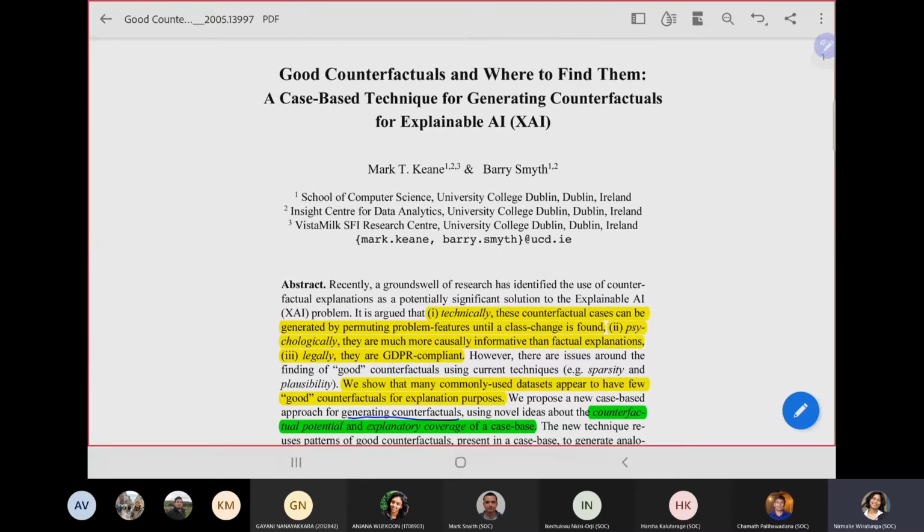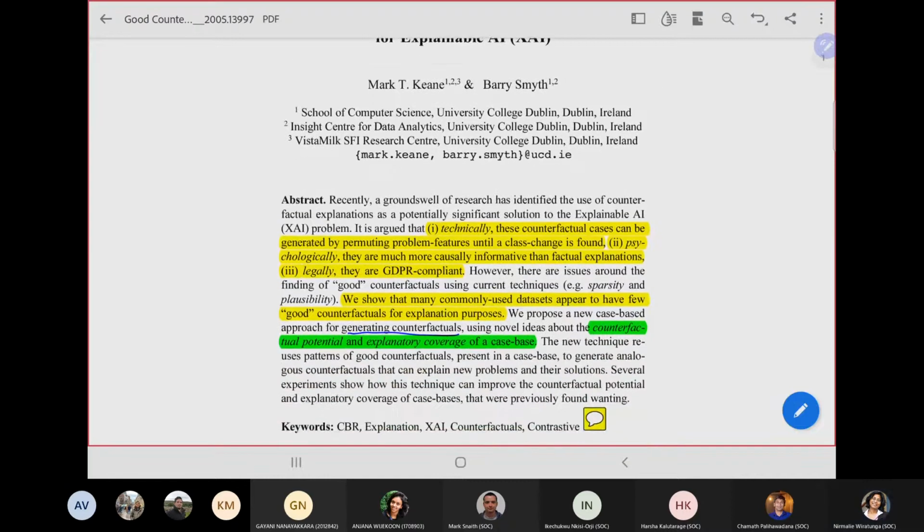counterfactuals have a strong alignment with the techniques from case-based reasoning. So it makes sense to link this type of explainer with case-based reasoning research.